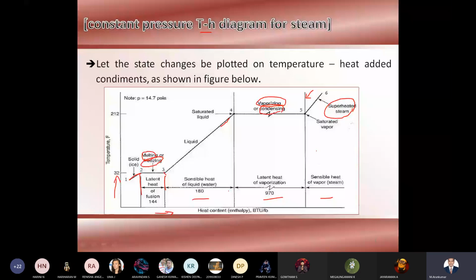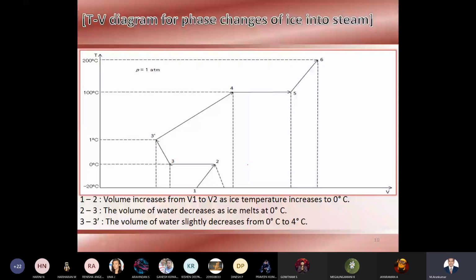Then we have the TV diagram of the steam, that is temperature and specific volume. The same process. If you consider temperature and specific volume, in this region, the ice region, the volume increases from V1 to V2 as the ice temperature increases to 0 degrees Celsius.